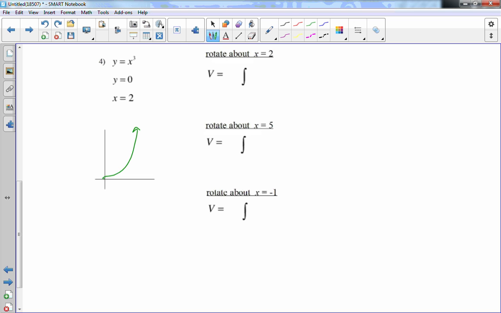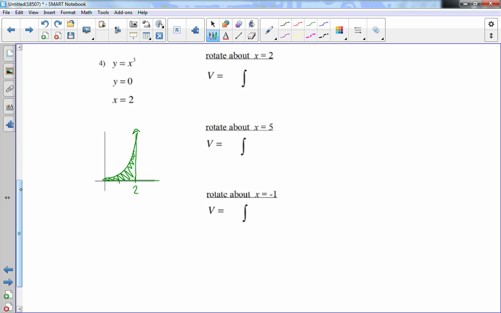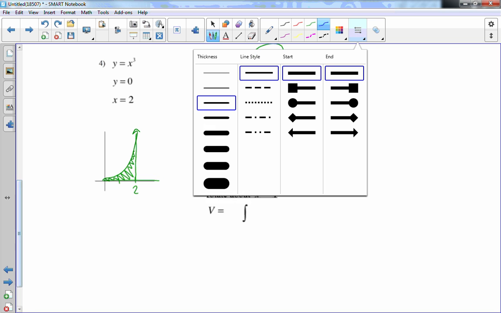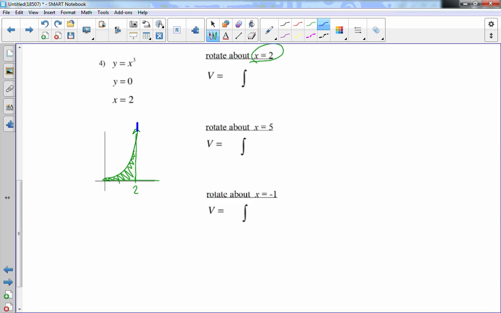So that's the x-axis. And x equals 2. 1, 2. So it's that area. The first one we're rotating about x equals 2.